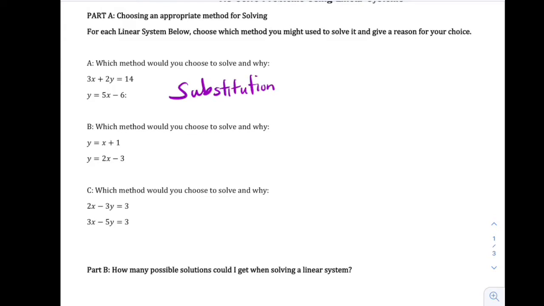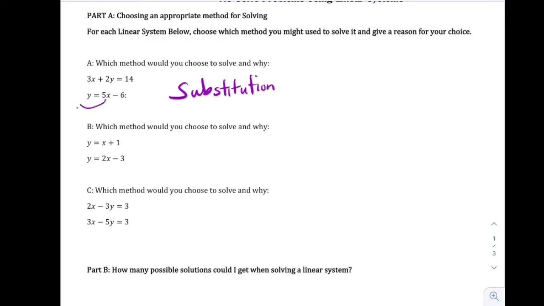I would say that graphing is probably not the easiest because I'm going to have to rearrange this top equation into y is equal to mx plus b, and then I'm going to have to make a grid and graph those out. I could do that, but it's probably not the easiest way. And elimination is probably not the easiest because I would have to rearrange my equation.